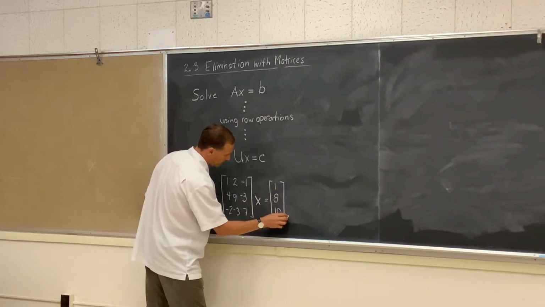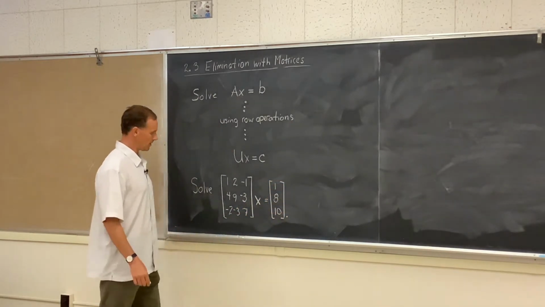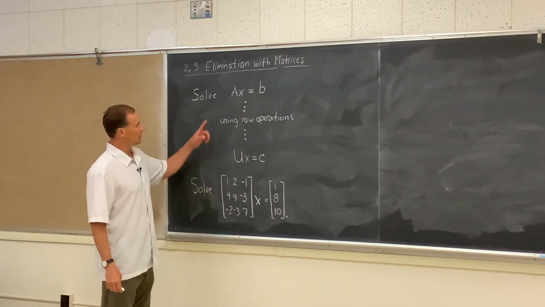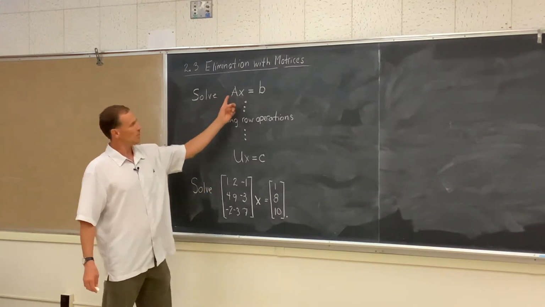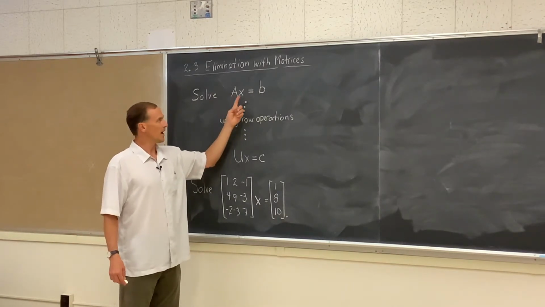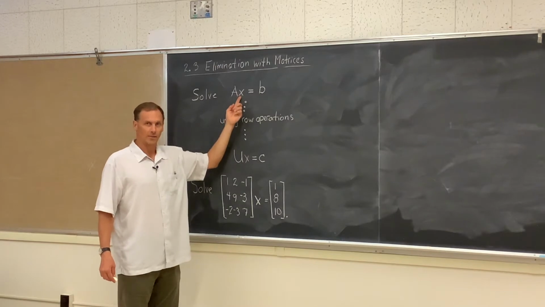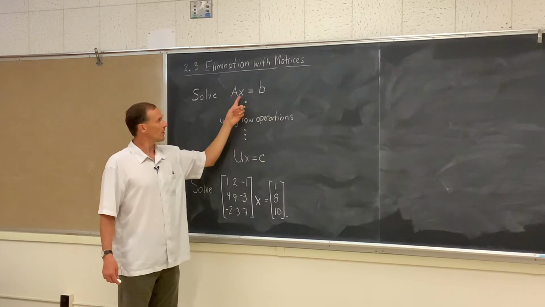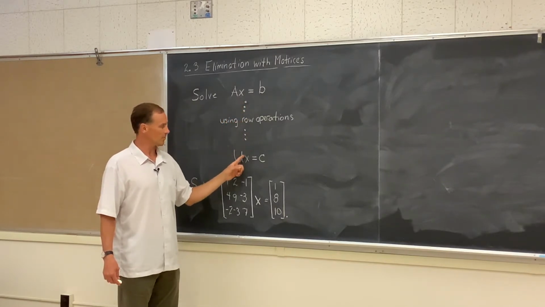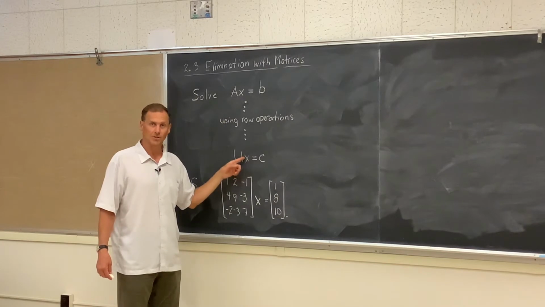Okay. Now, before we launch into our solution, what I would like to do is notice this, that when we were working on solving this problem as systems of equations, the x, the y, and the z, the variables, never changed. So rewriting this x through this whole process was just cumbersome because there were no changes.